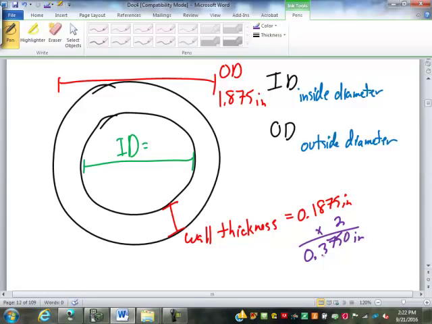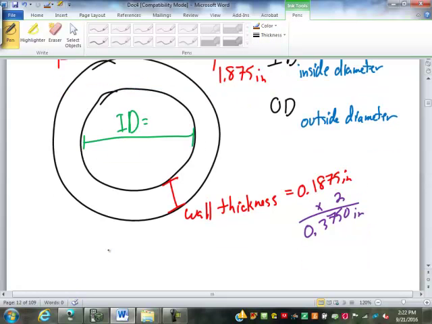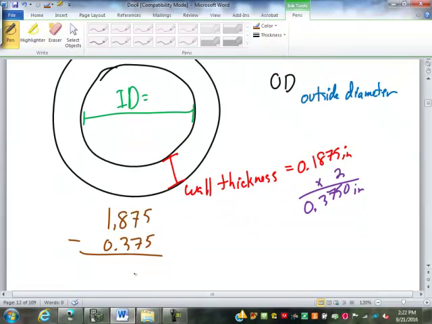Then what? Subtracted that away from the 1.875. Now 1.5. Perfect. So we take the 1.875 minus our 0.375, and we get 1.5 inches. Good.